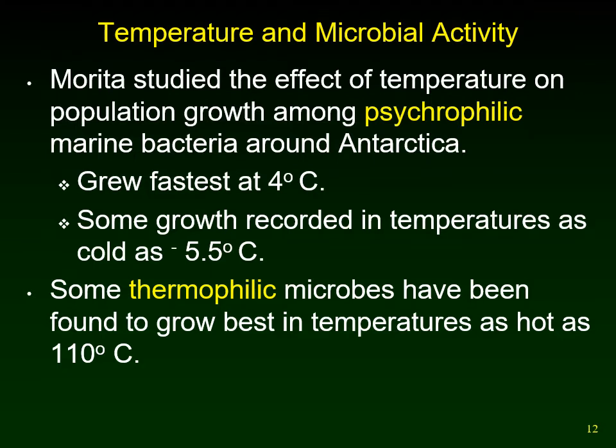And so many of the heat-loving microbes can only live in those temperatures, so they are hyperthermophiles, which means they have temperature optima over 80 degrees Celsius. And some of them can even grow as high as 110 degrees Celsius.